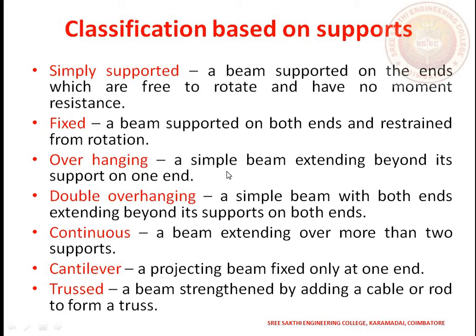Overhanging is a simple beam extending beyond its support on one end. A continuous beam is a beam extending over more than two supports. A cantilever is a projecting beam fixed only at one end. A trussed beam is a beam strengthened by adding a cable or rod from the truss. That is the classification of beams.